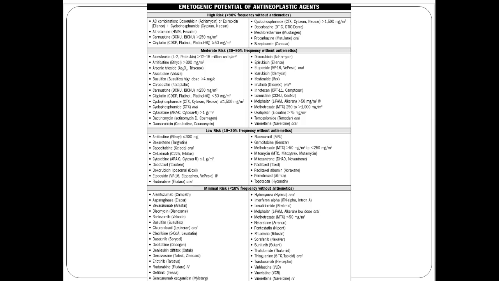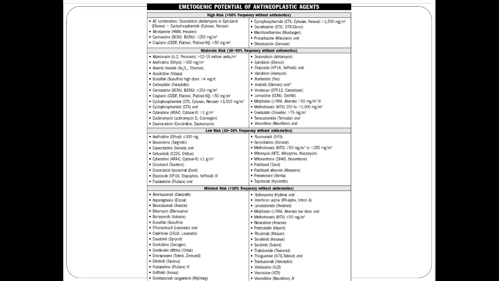So when you're looking at developing a regimen of chemotherapy, you always look at the emetic potential of it, and a lot of this is protocol driven. So if you're at an institution that does a lot of chemotherapy, they're going to say, okay, we're going to use CHOP. CHOP has this much emetic potential, which means by protocol we give this, this, and this.